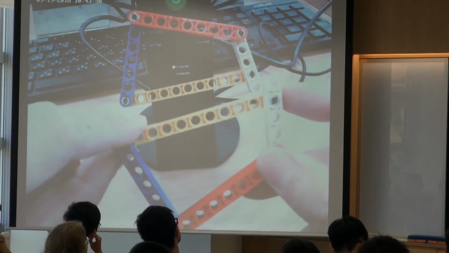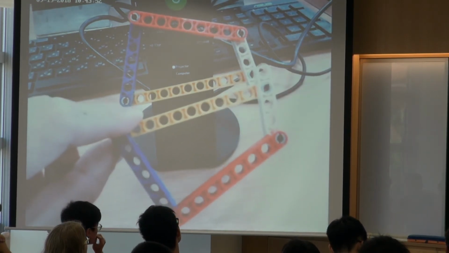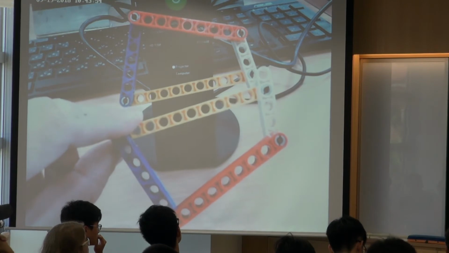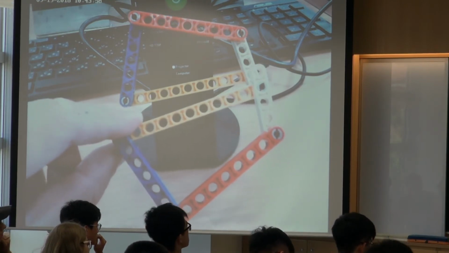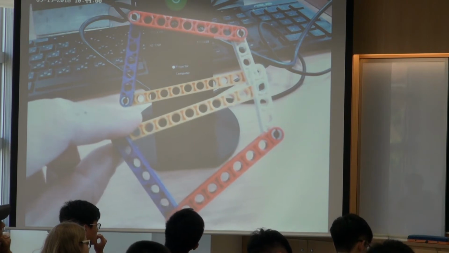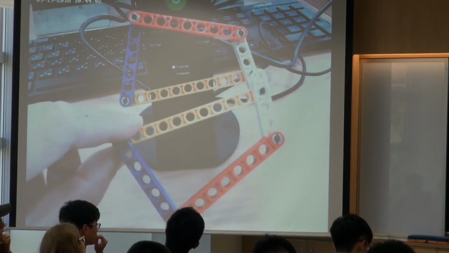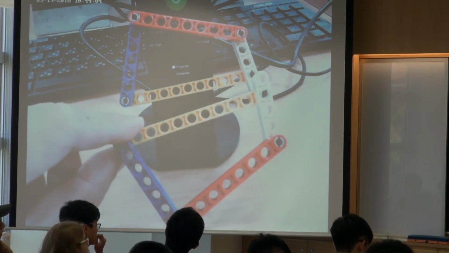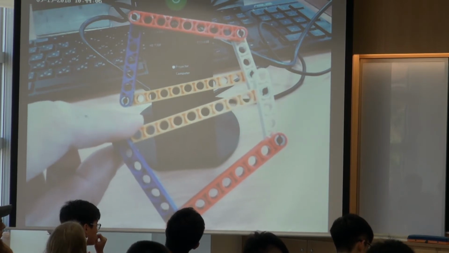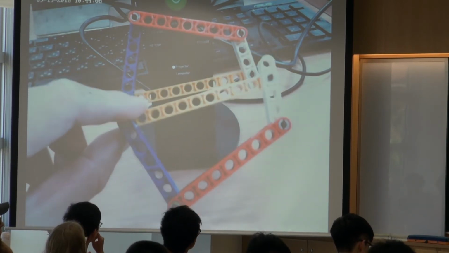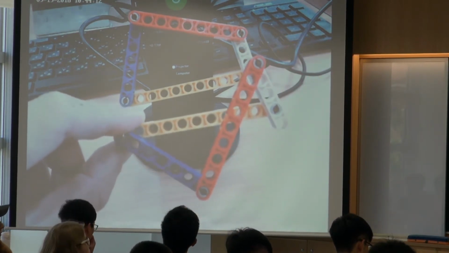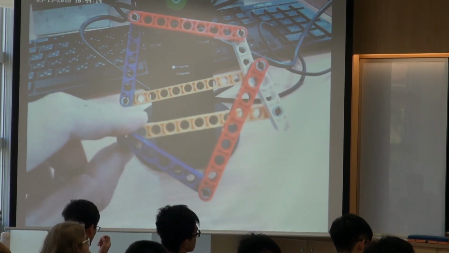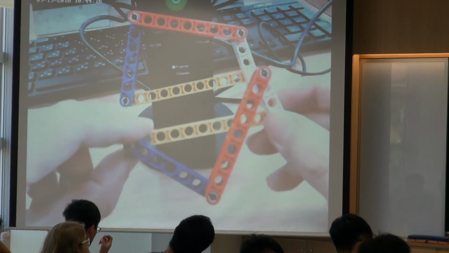But when you do the math calculation, sometimes with the same lengths, you may find two solutions. But you need to make sure what your original mechanism looks like. Only one solution is possible, but later on we will do some mathematics to calculate the position and the velocity of linkages.